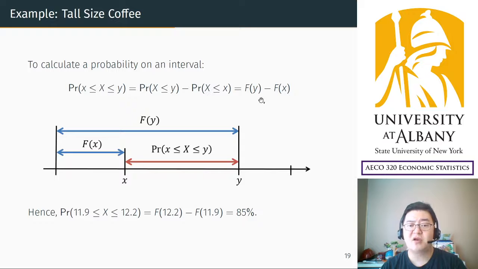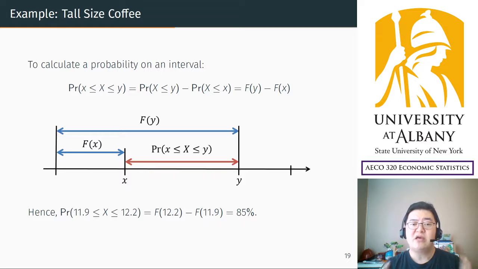Mathematically, you may write it this way. The probability between 2 points is the probability smaller than the larger number, Y is larger, so all of these, and you have to subtract the probability smaller than x. And now the point is you have the probability smaller than y and the probability smaller than x, which are known. When you have the cumulative distribution, the probability smaller than something is known.